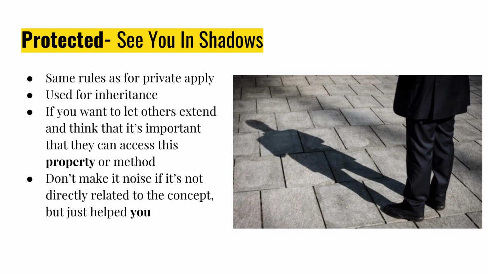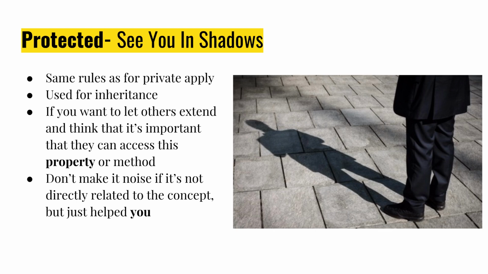Protected is the second access modifier. It's basically a shadow of a parent class where you have no need of exposing it to the public, yet you want it to be seen by the others. By the others, I mean by the child classes. It only applies in inheritance.